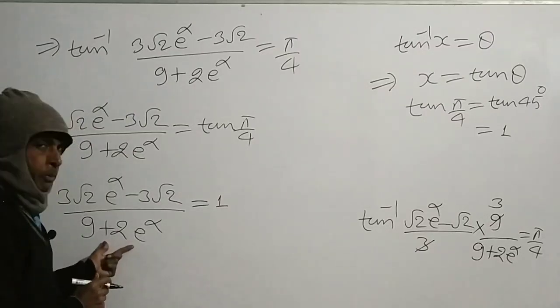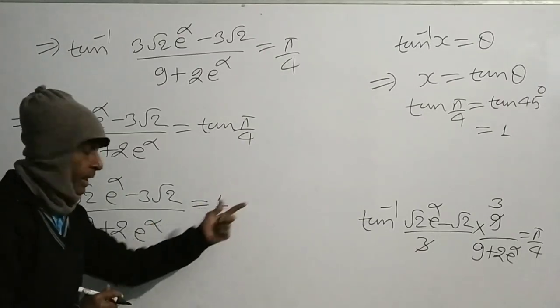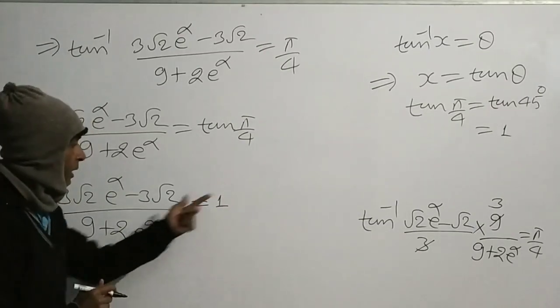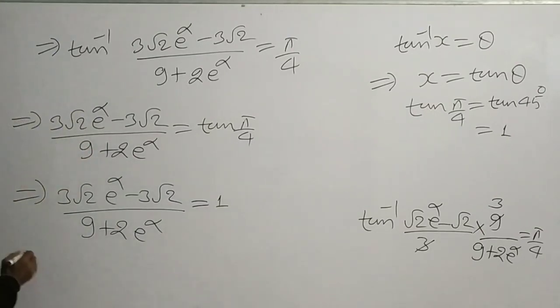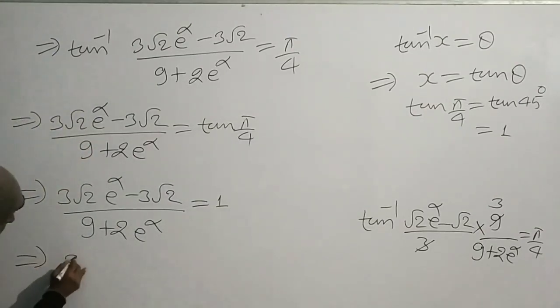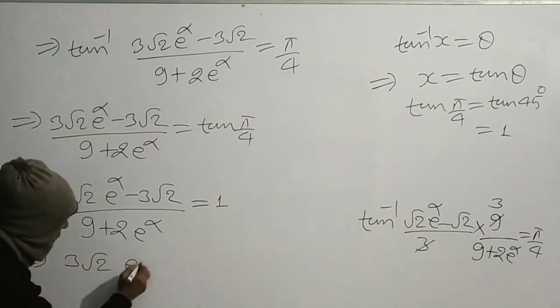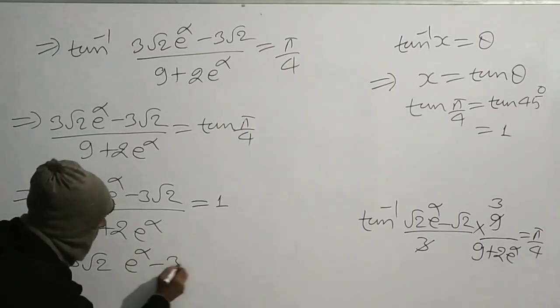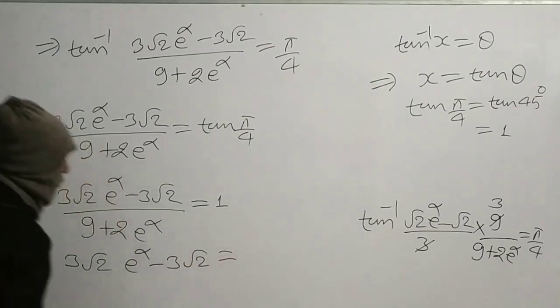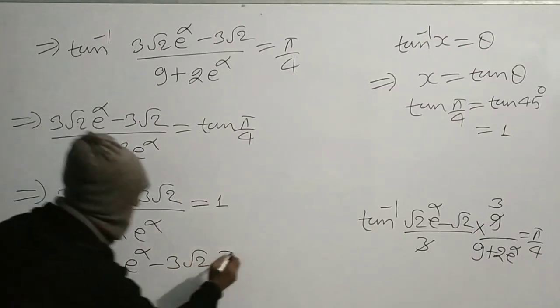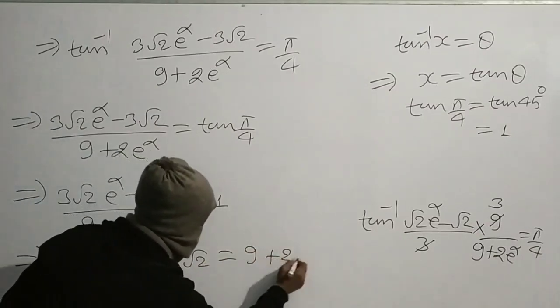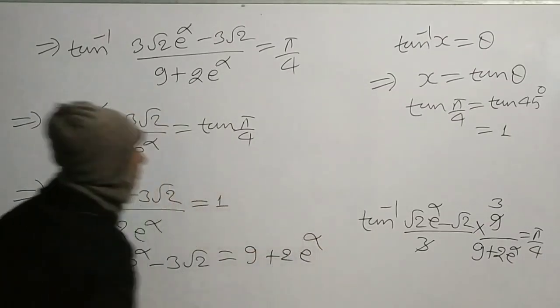Shift this denominator to the right hand side. After shifting this denominator to the right hand side, we get, this implies 3 root 2 e to the power alpha minus 3 root 2 is equal to 9 plus 2 e to the power alpha.